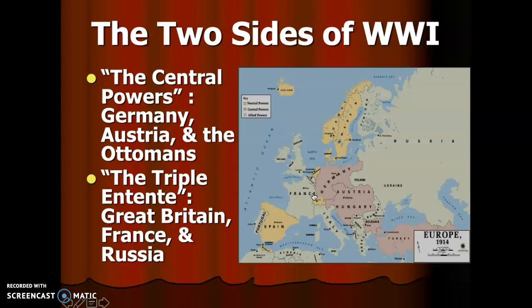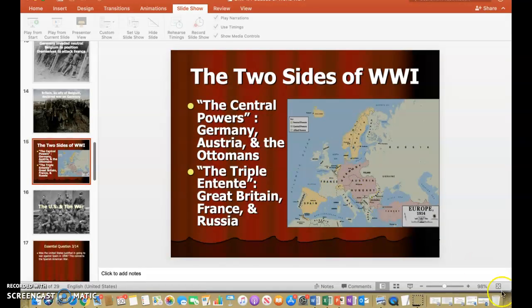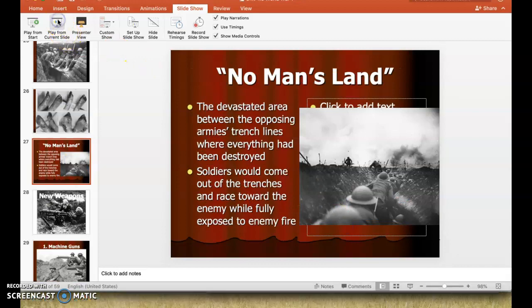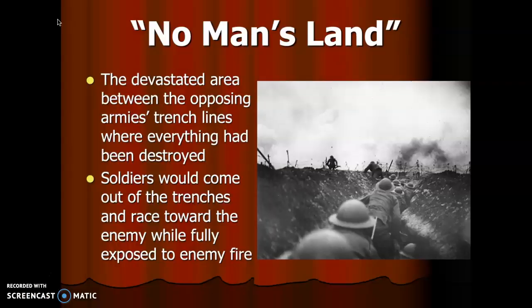And when we start thinking about this idea of trench warfare, what we are familiar with is something called no man's land. And this is the piece of land between both armies' trench lines where everything is destroyed.